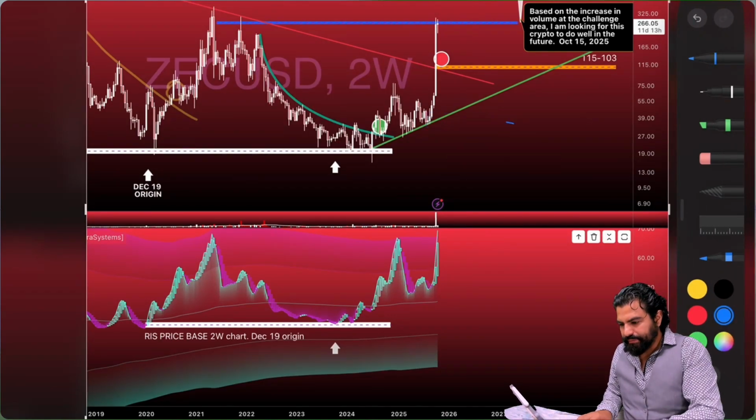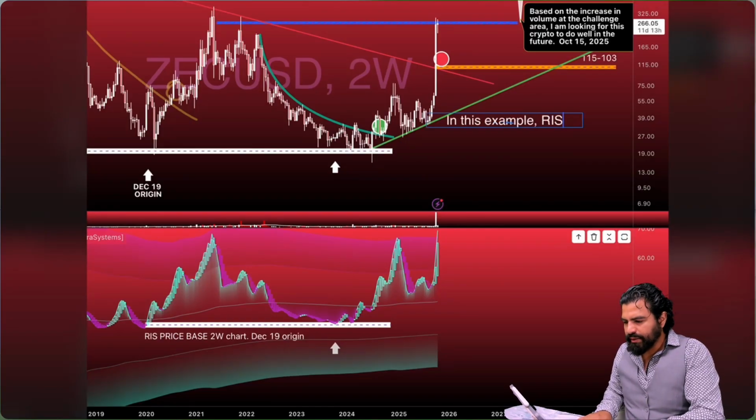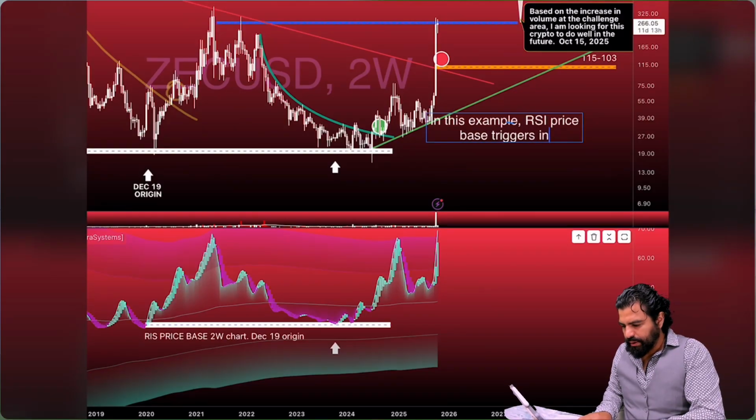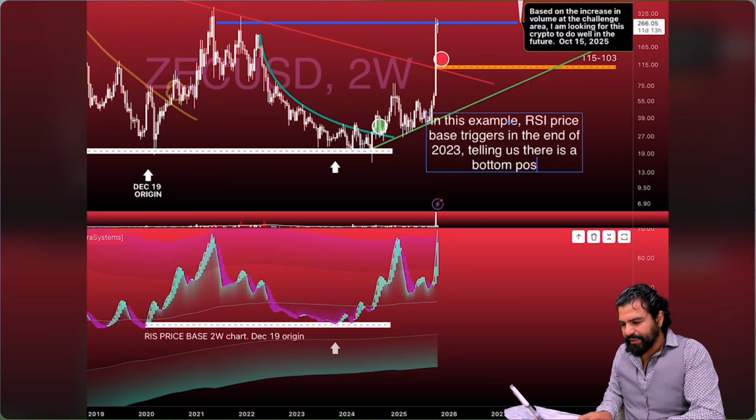In this example, RSI price base triggers in the end of 2023, telling us there is a bottom possibly forming.